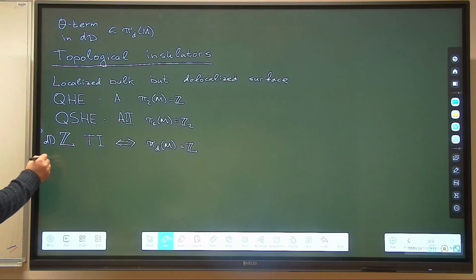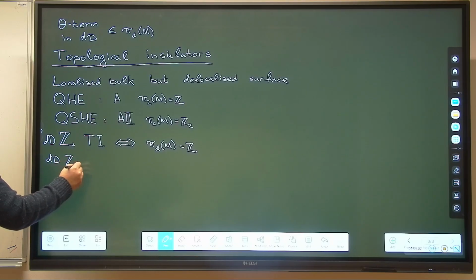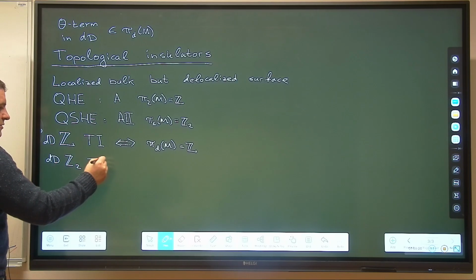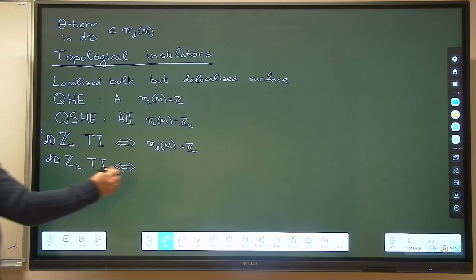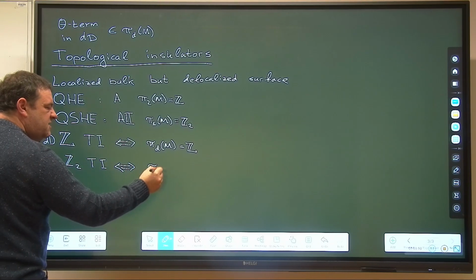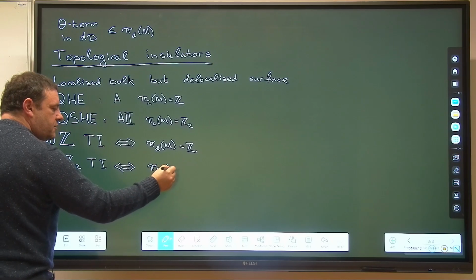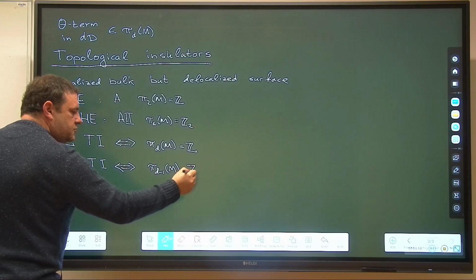And in d dimensions, a Z2 topological insulator is possible and does exist only when pi d minus 1 of M equals Z2.